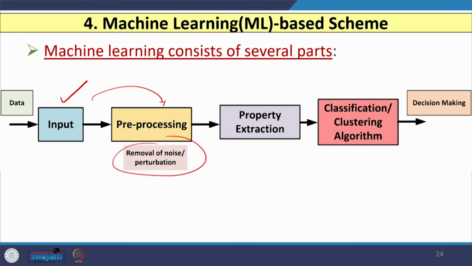Then the property extraction is carried out. Whatever features you need, only those features you use for the decision logic, and then finally classification is carried out by a clustering or classification algorithm, and the final decision is communicated.